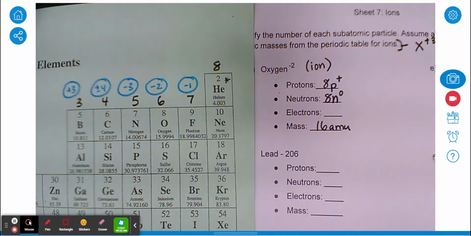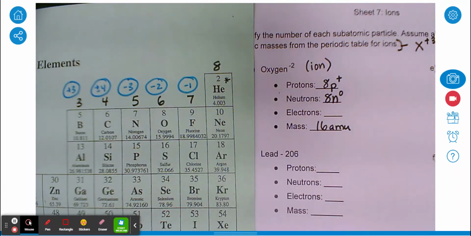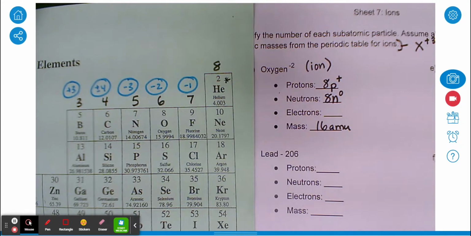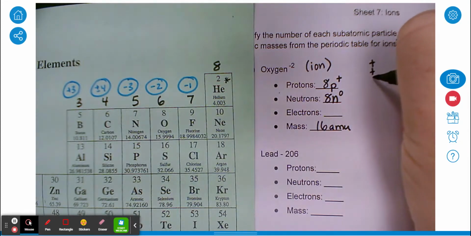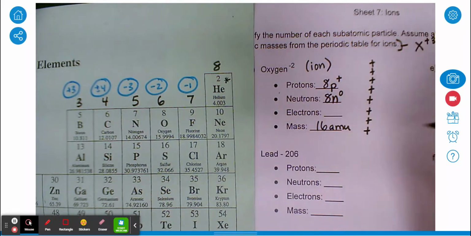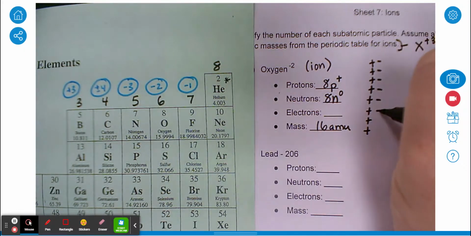Now, electrons. This is oxygen ion. Oxygen -2. I have a net charge of -2. Couple of ways to think about this. I'm going to start with the simplest. Neutral oxygen has equal number of pluses and minuses.